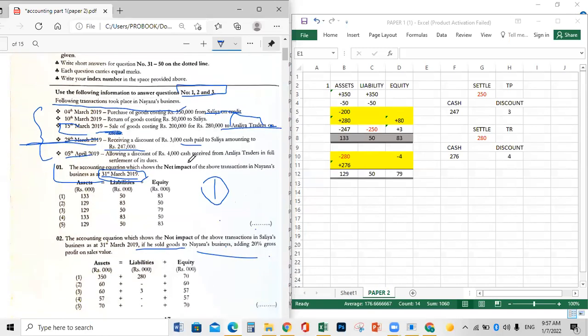If you're adding 20% gross profit on the sales value, what will be the net impact? That's the question. Shall we try that?